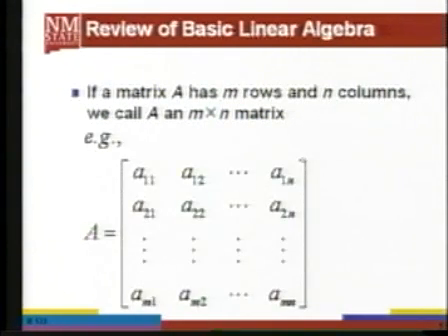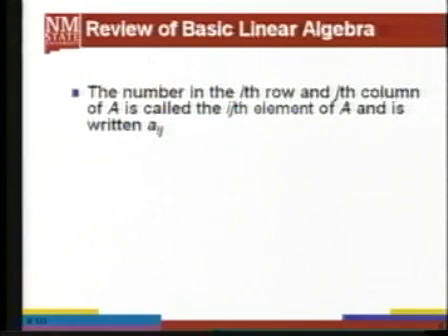A typical m by n matrix A may be written as this. The number in the ith row and the jth column of matrix A is called the ijth element of A, and it is written as small a sub ij.